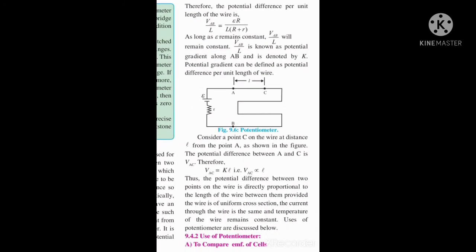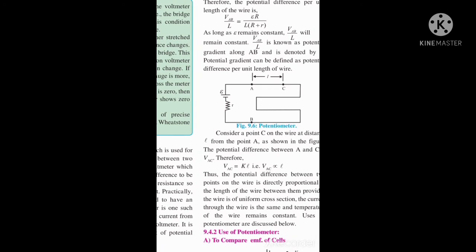Therefore, the potential difference per unit length of wire is given by V_AB upon capital L, which is equal to ER upon L into (R plus r). Means if we divide the potential difference across the wire by the length of that wire, we get ER upon L into (capital R plus small r).